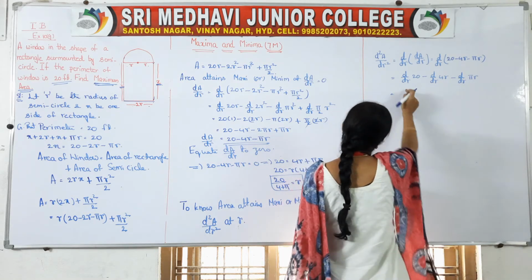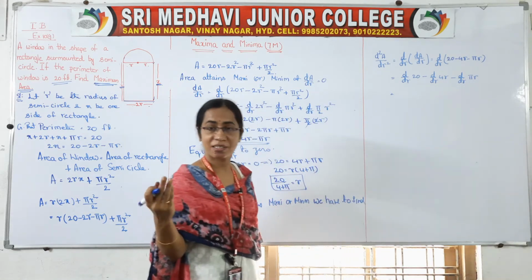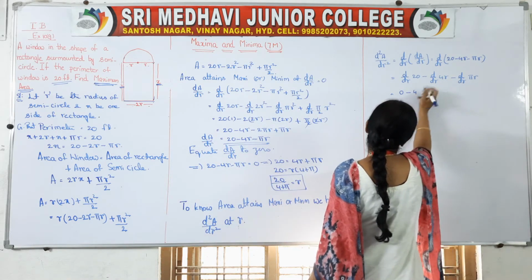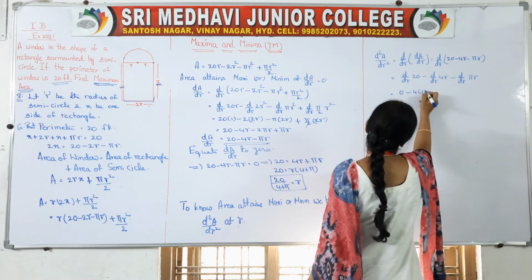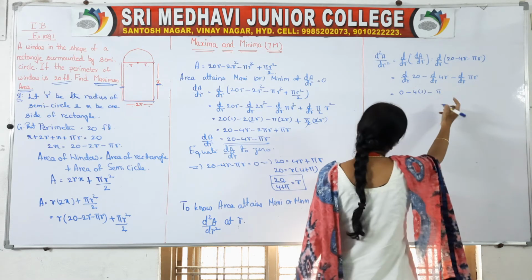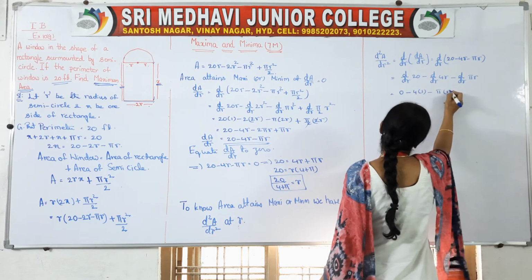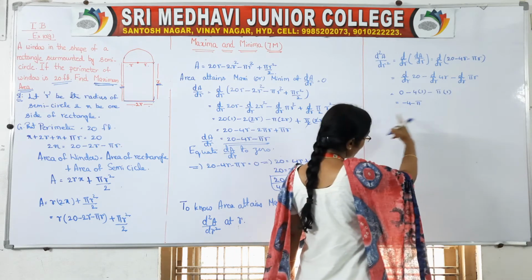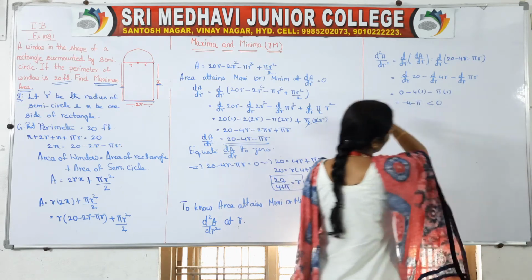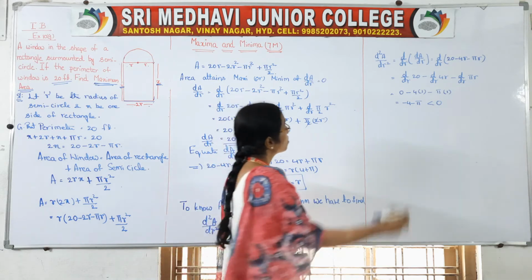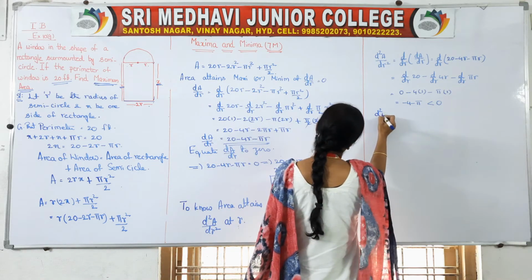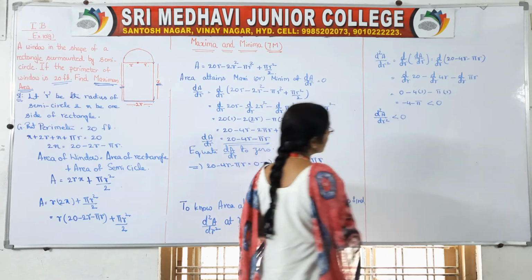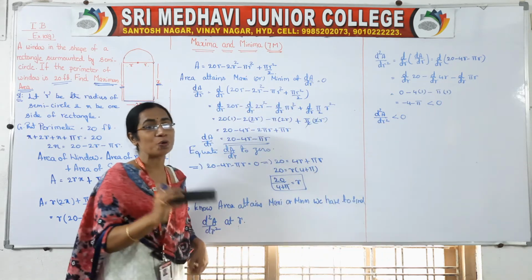The derivative of a constant is 0. Here 4 is a constant, d by dr of r is 1, minus pi is a constant, d by dr of r is 1. So it is equal to minus 4 minus pi, both are minus, that means less than 0. So you got your d square A by dr square value less than 0.